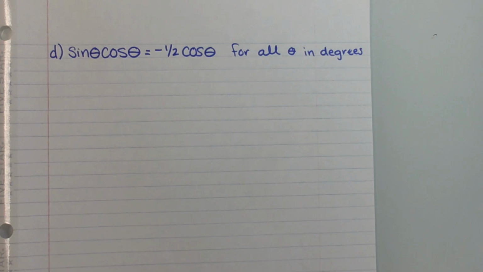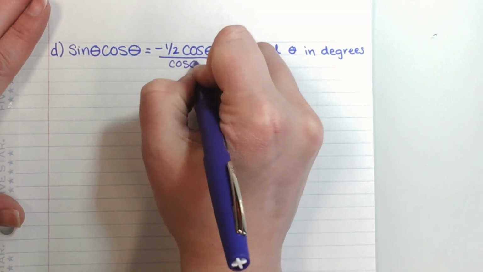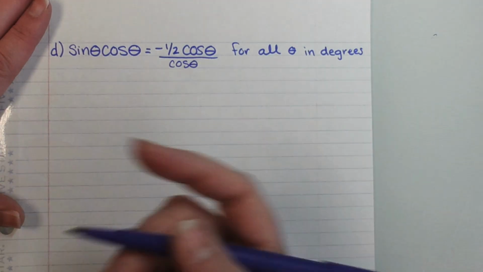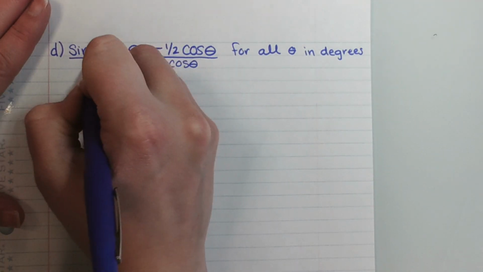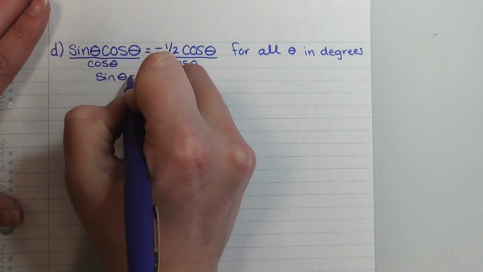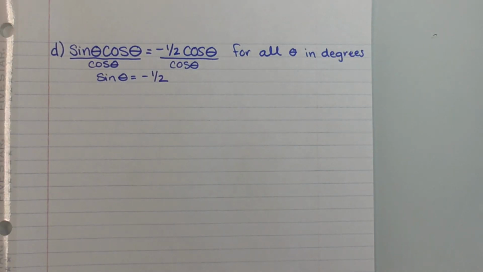Oh, you gotta divide by cosine. On the right. Got to do it to the left side too, right? Yep. Boom.